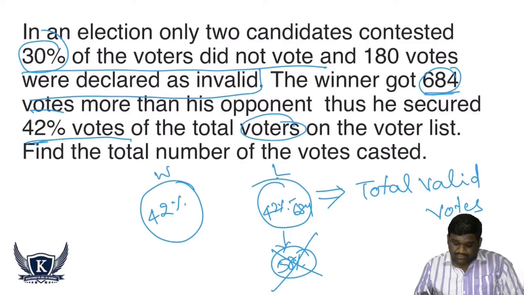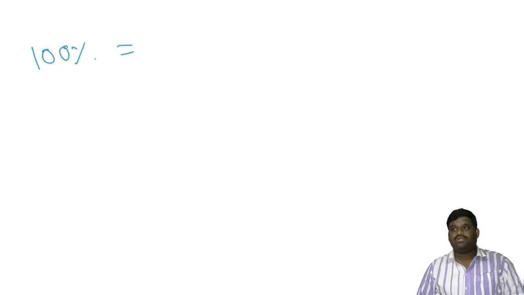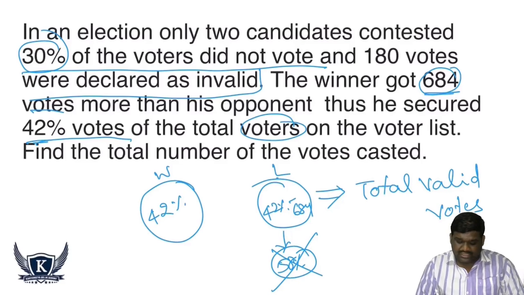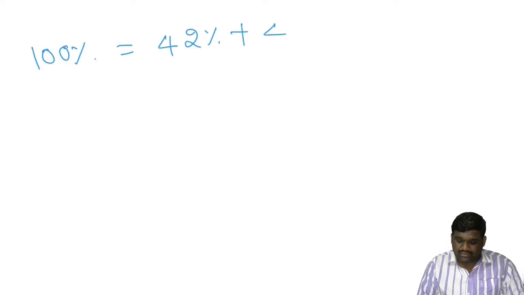So now this could be treated as our total votes: 100% of votes is equal to 42% of votes which this winner has got, because winner got 42% of votes, plus 42% minus 684.